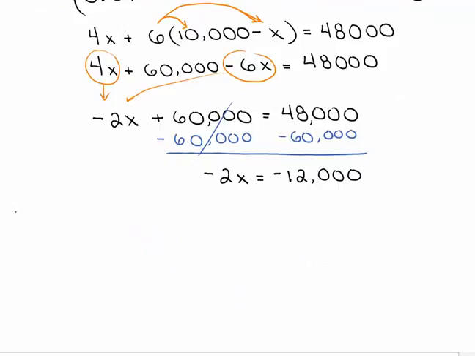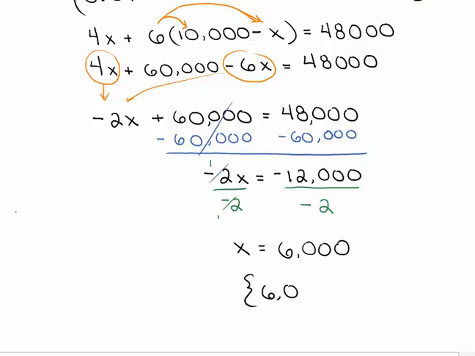Now we can divide both sides by negative 2. So negative 12,000 divided by negative 2 is going to give me 6,000. So I'm going to put that inside my solution set right here.